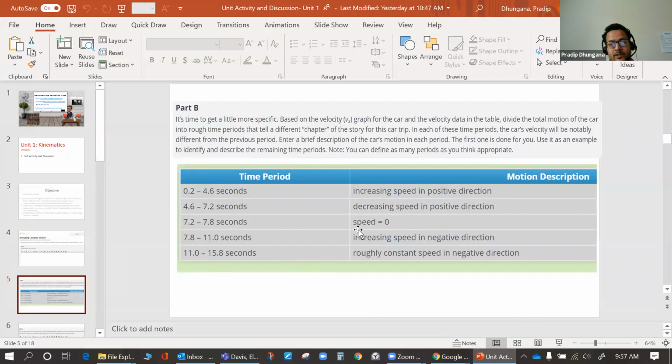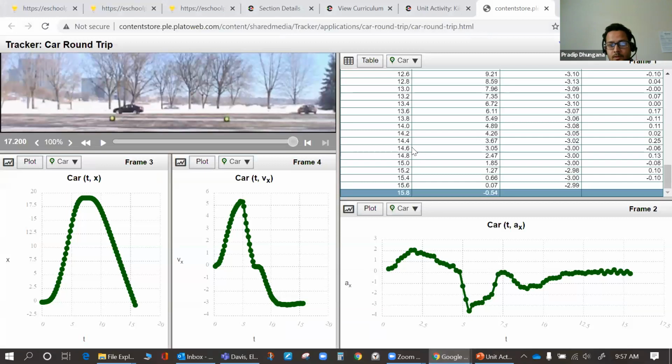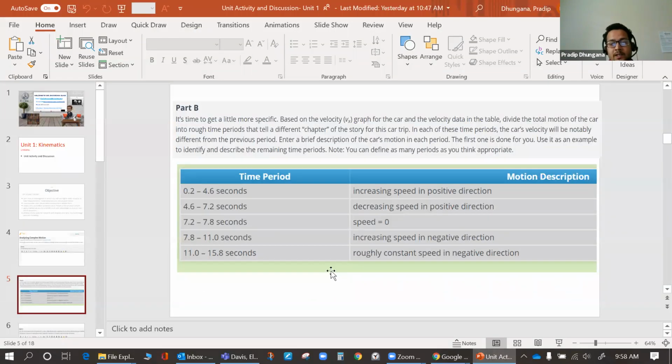7.2 to 7.8 seconds, speed is 0. Let's make sure. 7.2 to 7.8, you can see here speed is 0. So in that way, you can explain the motion of the car for different time periods.